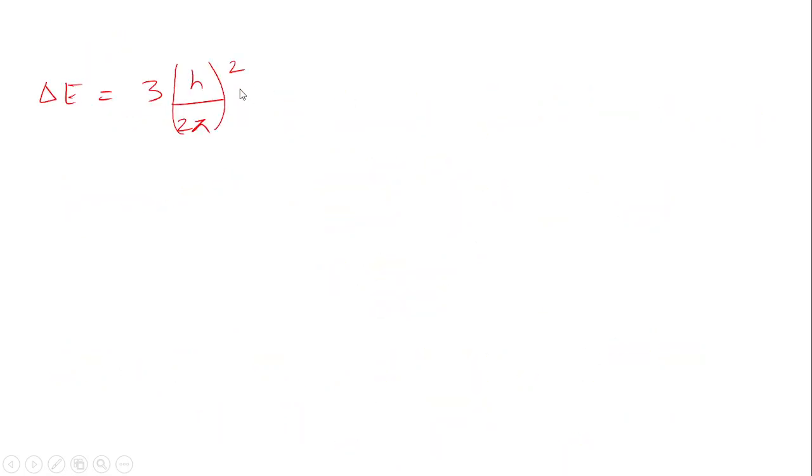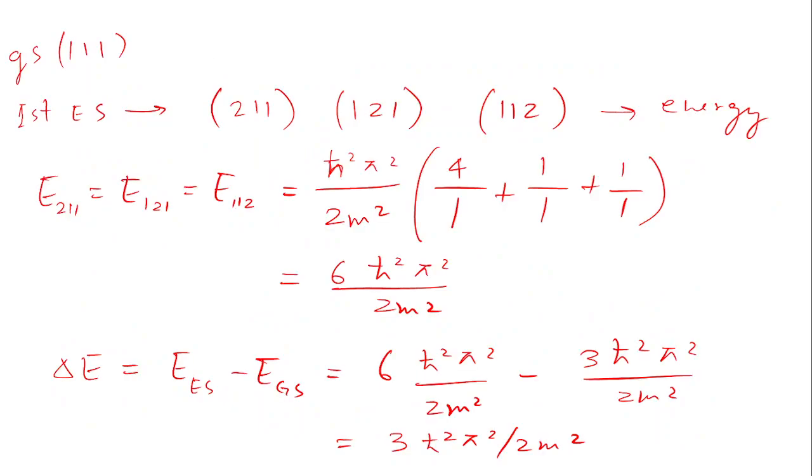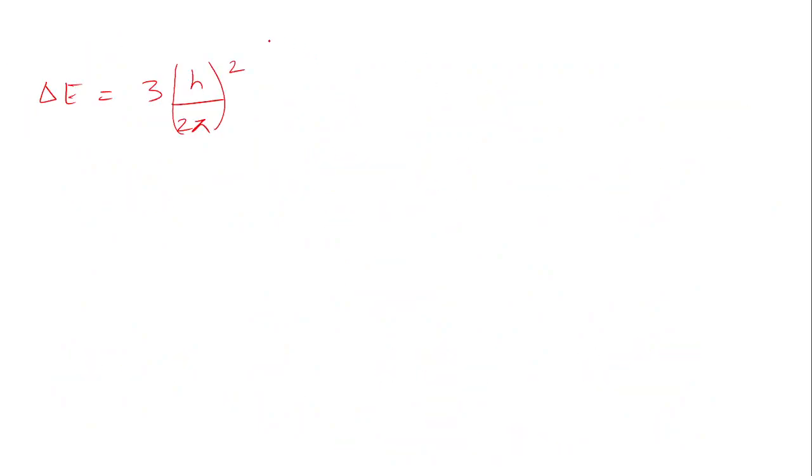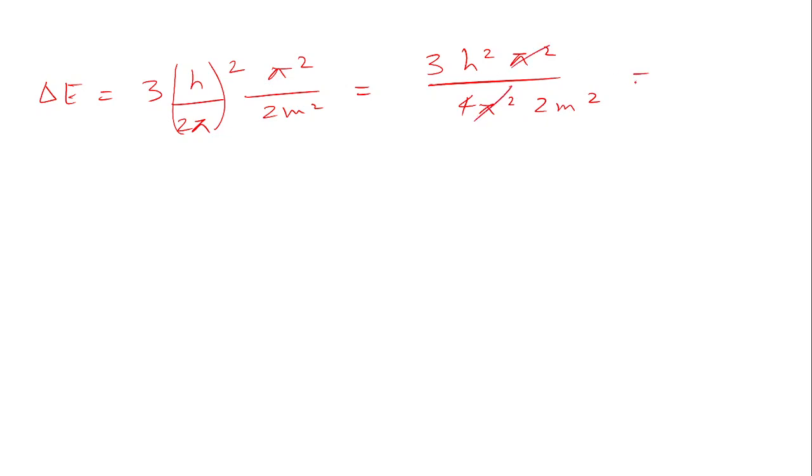Pi square divided by 2m square. So this will be 3h square pi square divided by 4 pi square 2m square. Pi square gone, and it will be 3h square divided by 8m square.